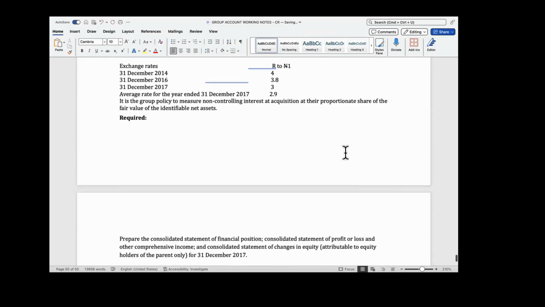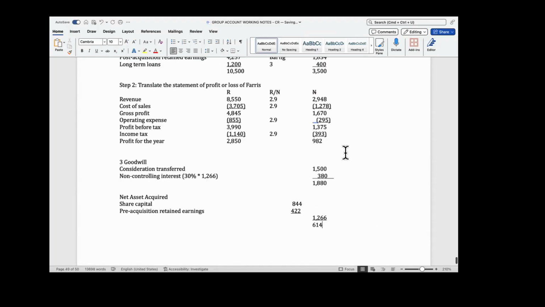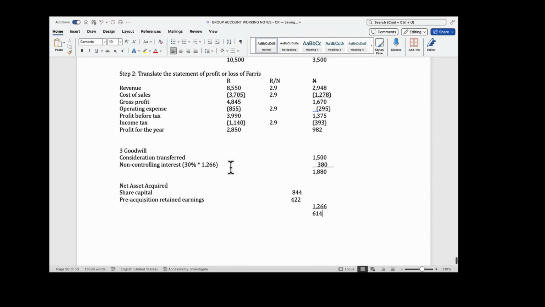But this goodwill is historical goodwill, the money we paid when we acquired in 2014, and this is net assets as of 2014. However, this is 2017.